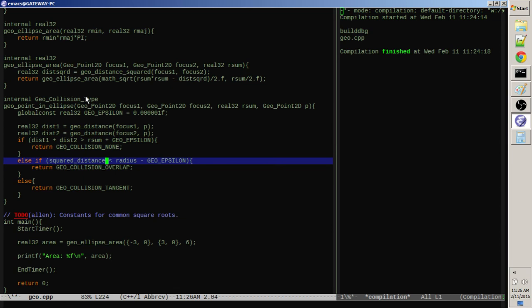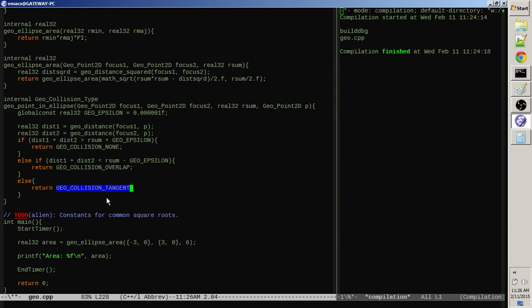If dist 1 plus dist 2 is less than r sum, then we're inside the ellipse. And otherwise, we're close enough to r sum that it's within the epsilon, so it's going to say, hey, you're colliding with it tangentially, you're on the edge.